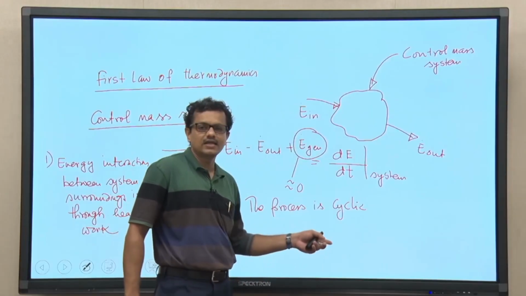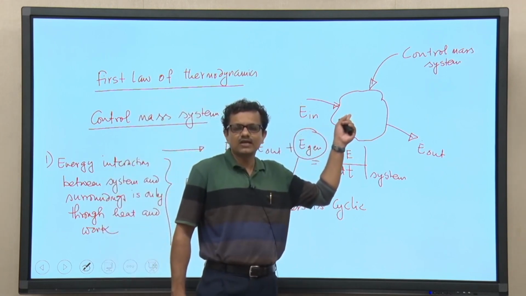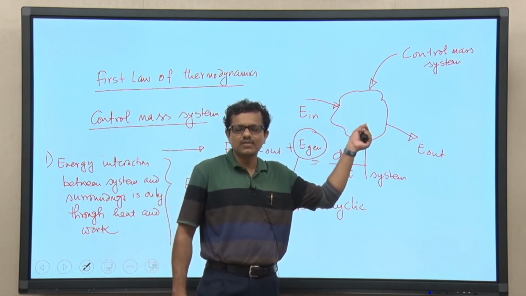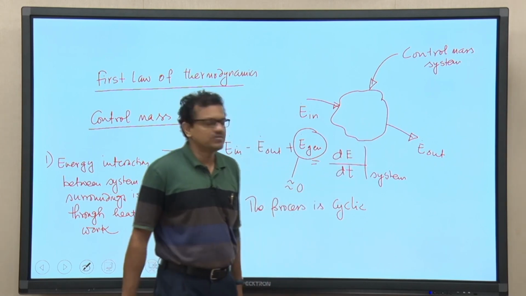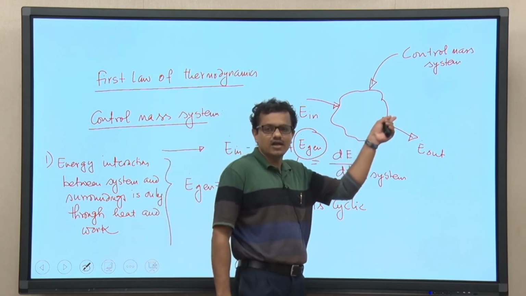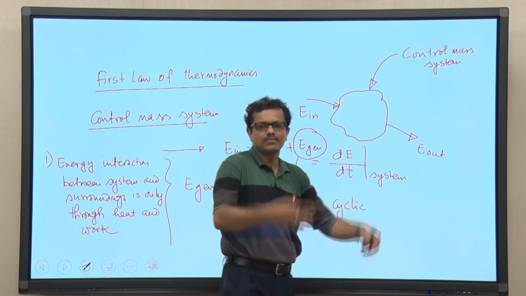If the process is cyclic, that means we can restore the system. If we give some energy input to the system, then after a certain time, after having interaction with the surroundings, the system can be brought back to the initial state. So, this is a cyclic process.